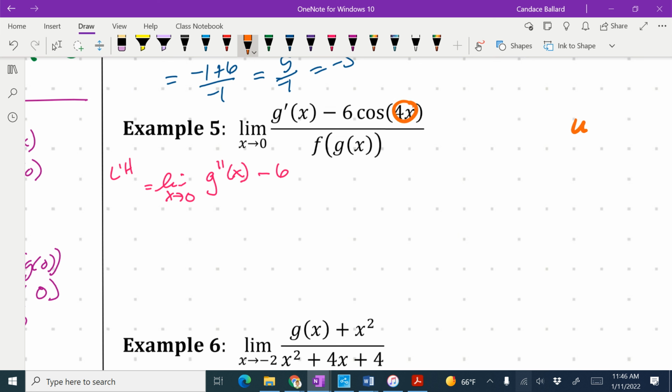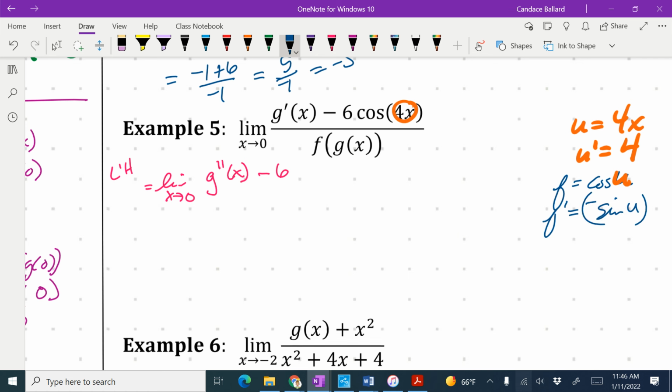I got to do a chain rule, right? So u equals 4x, u prime equals 4. If I was going to be official and write out all my work, I would go cosine of u, right, with my orange in there. What's the derivative of cosine? Negative sine of u, and then times the inside, which is 4.